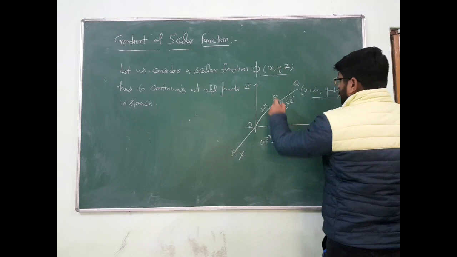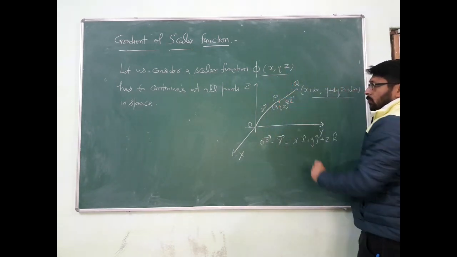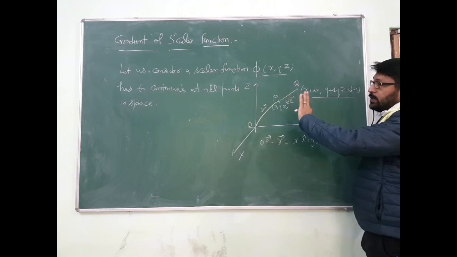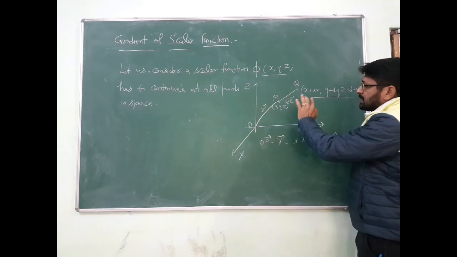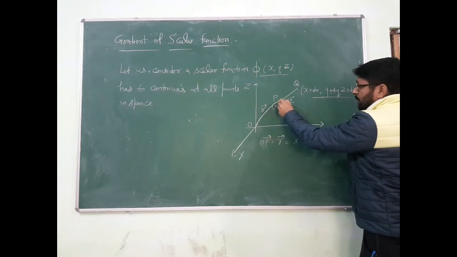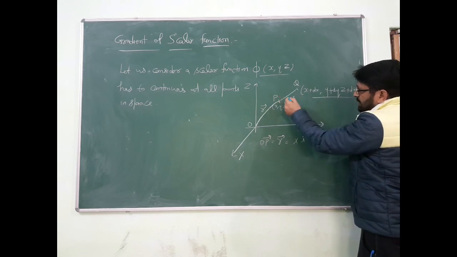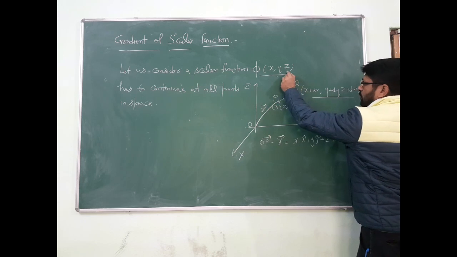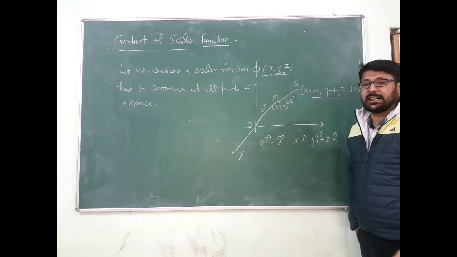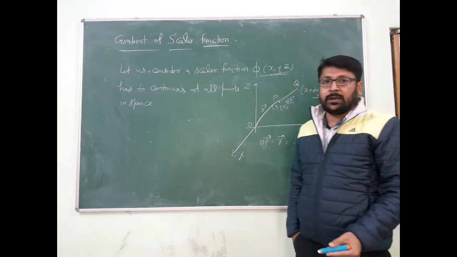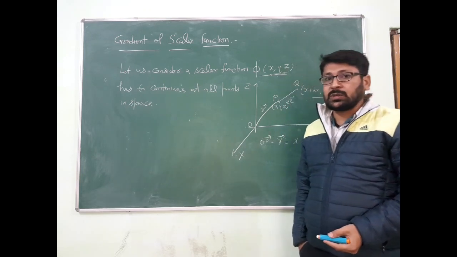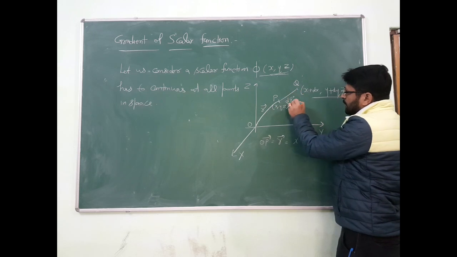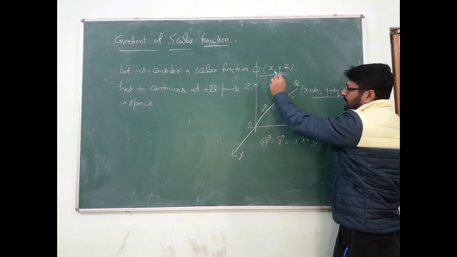This scalar function phi will change. What we said earlier, the function has to be continuous. It has some value at this point P, but when you move in this space, the value of phi will change because the coordinates x, y, z will change. So correspondingly, your value of phi will also change. So when we move from P to Q, one thing is sure, there will be a change in this phi.